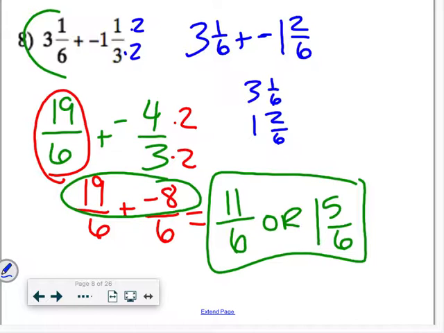Well, just like anything, I can't take 2 away from 1 with normal subtraction. That doesn't work. So you would need to regroup, right? Change this to a 2, and this becomes 7 sixths, right? Because I took one of those wholes from 3, and changed that into 6 sixths, but then I added on the 1/6 I already had, which was 7 sixths.